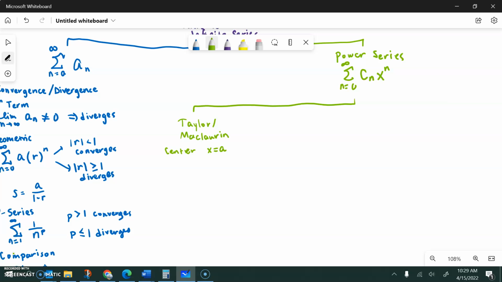And the way you build a Taylor polynomial or a Maclaurin polynomial and then build it into a series is you take a bunch of derivatives and you evaluate those derivatives at the center. Whatever derivative you're on is going to match your factorial and your exponent.